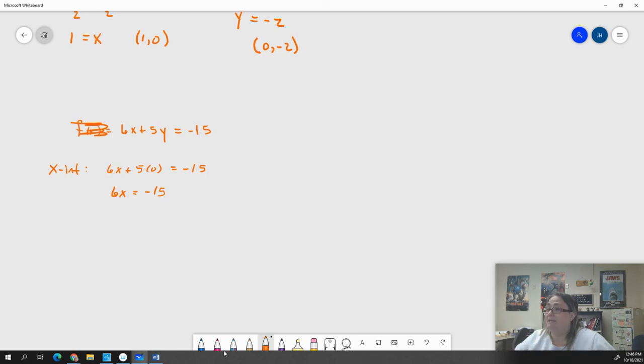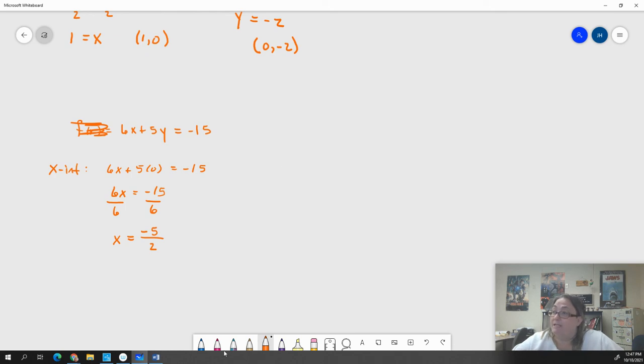Heck no. Got to get that x by itself. It's still multiplied by 6. So I'm going to fix that by dividing. Here I'm going to get x equals negative 15 over 6. Can I leave this as negative 15ths over 6? Absolutely not. Each of these are divisible by 3. Negative 15 divided by 3 is negative 5. 6 divided by 3 is 2. Now this fraction can't be reduced any further. So this is my x-intercept.